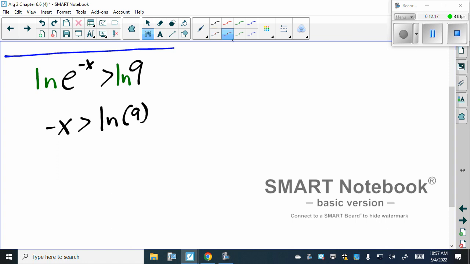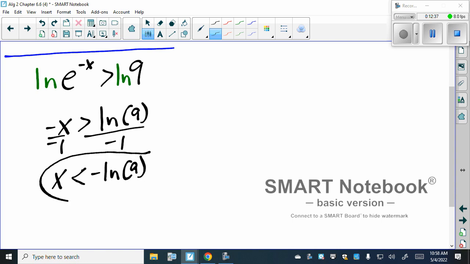Then we can divide by negative 1. We can multiply by negative 1. But we're wanting positive x, so x is less than negative ln of 9. And then at that point, if we want to figure out what the approximate answer is, we can plug that into a calculator and it'll tell us. There's not a whole big deal. Negative 2.147. Is that what you got?